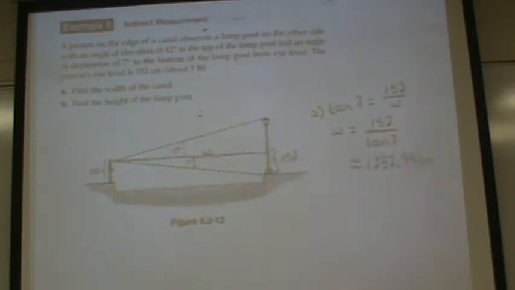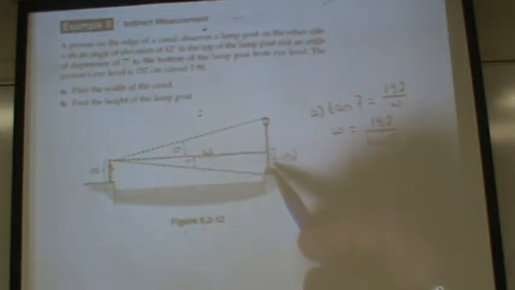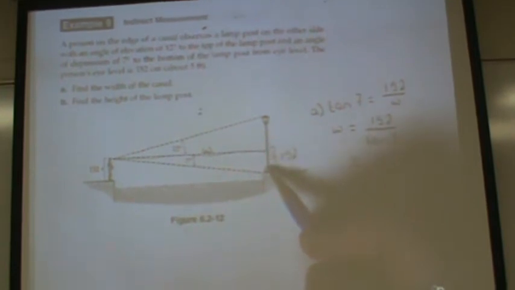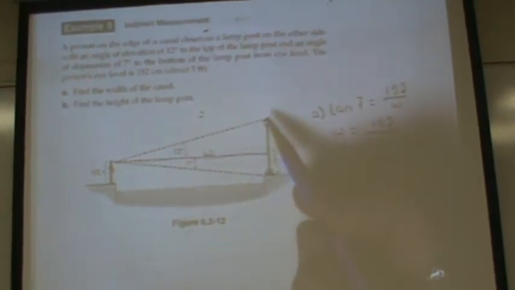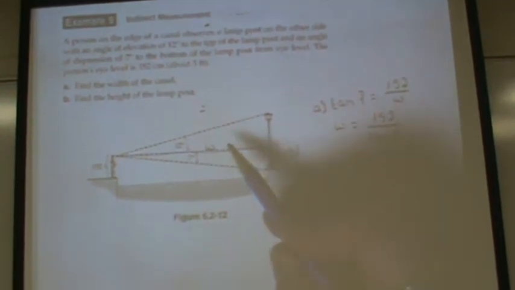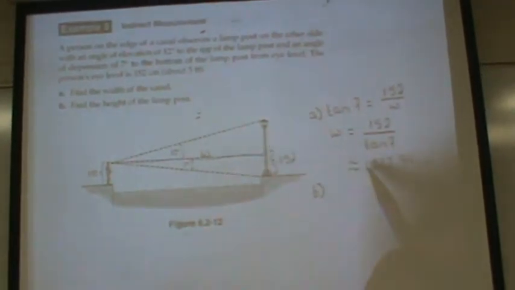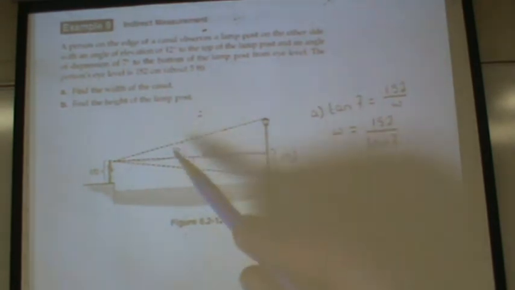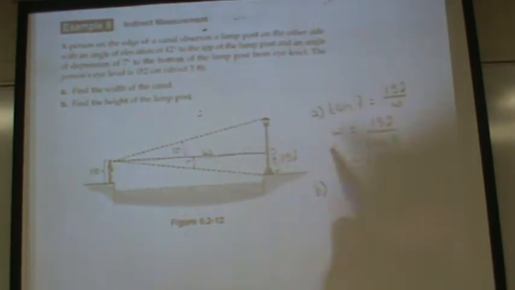So now part B wants to know the height of the lamp post. So we already know a portion of the lamp post is 152, but we have to find the remainder of the lamp post. So now we know W because we found it in A. So can we use this triangle to find, we'll call this H?